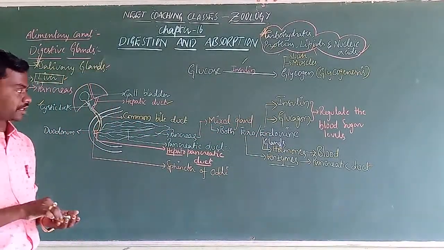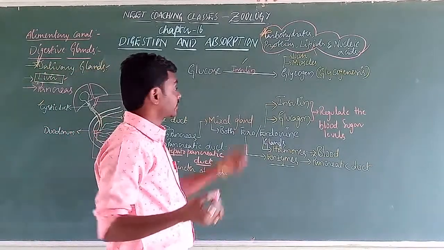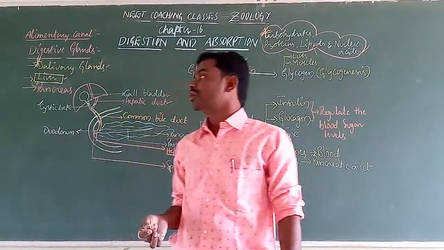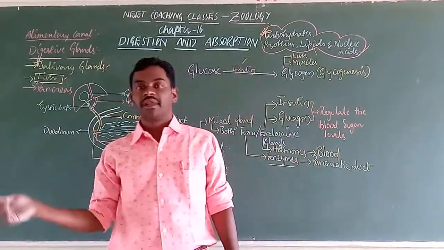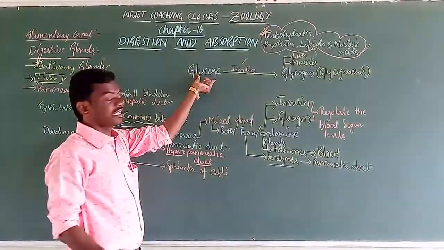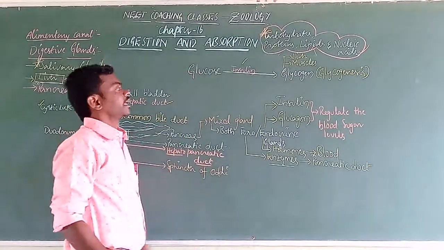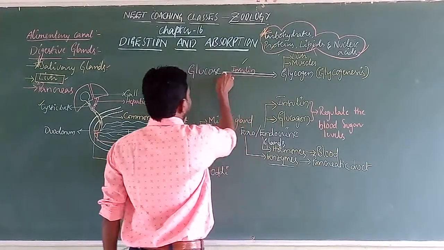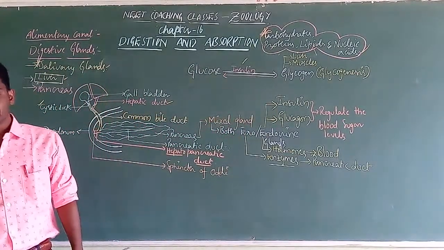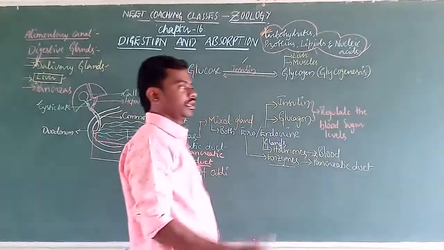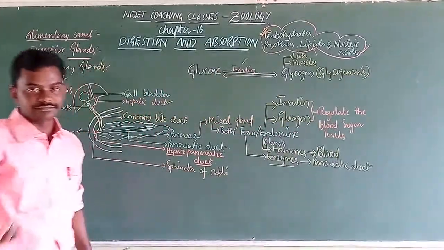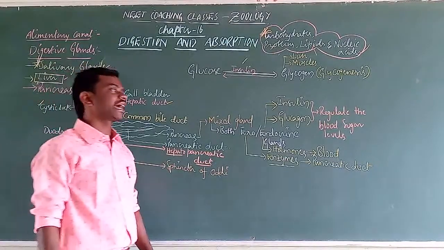Next concept. Whenever the glucose levels are high in your body, this condition is immediately after taking food. Then comes starvation. After some time, the stored glucose is utilized for physiological activities.